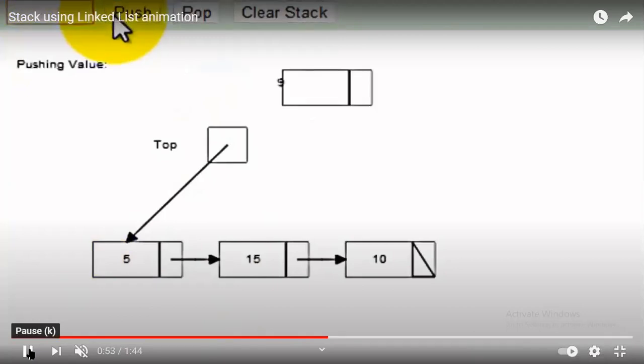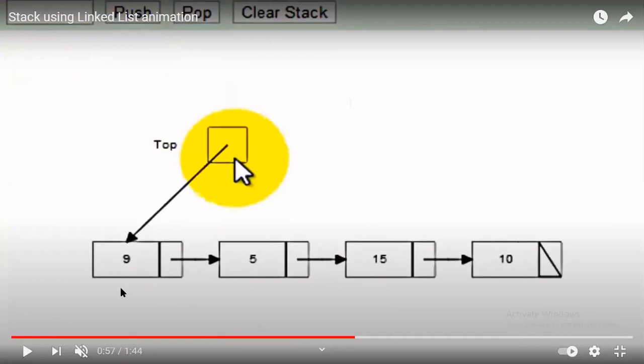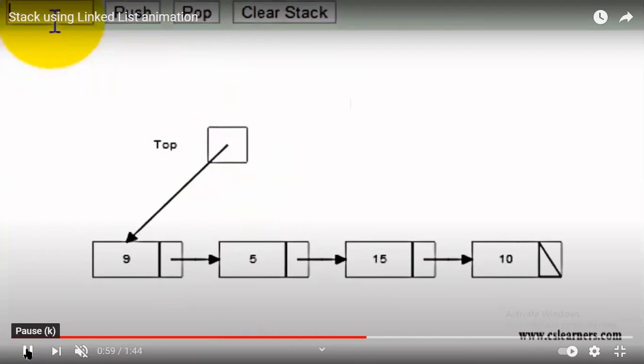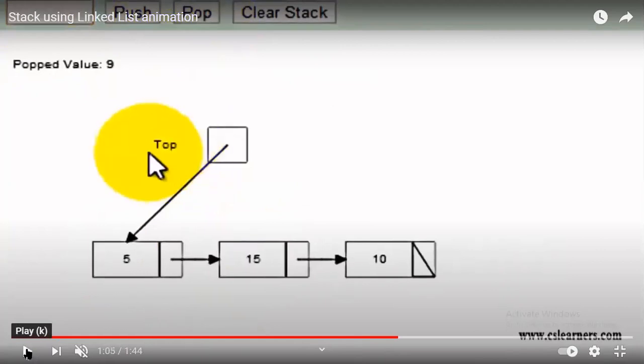Since a stack follows last in first out, the first element is inserted first. Which is the first element inserted? 10. Then the second element, third element, fourth element, right? Now, pop. When you call pop, what happens? Last in first out. Which was the last element inserted? 9.